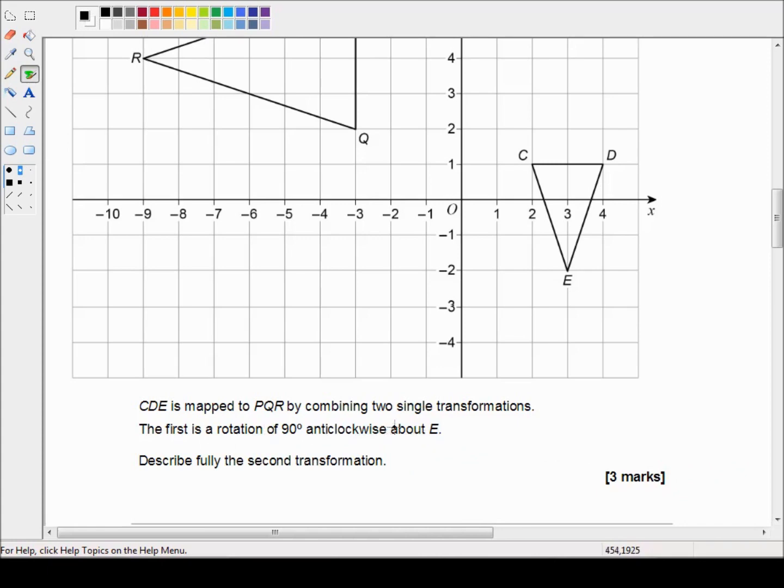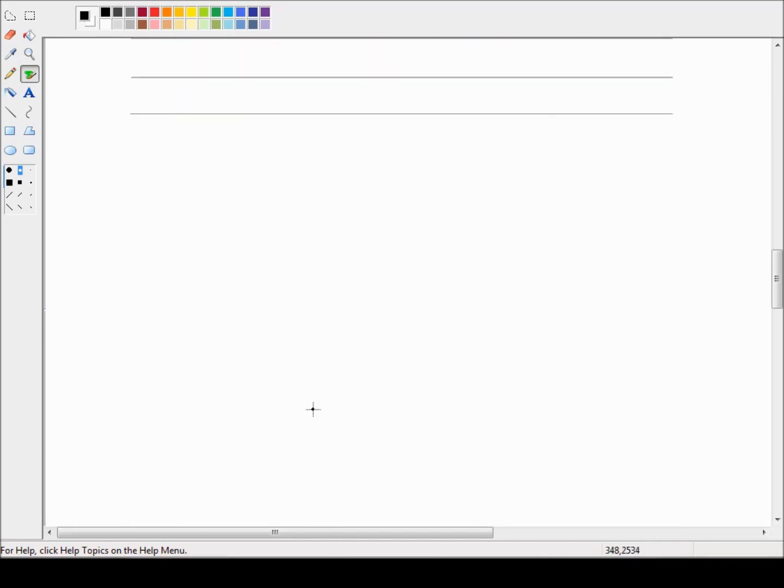Let's figure out what a rotation of 90 degrees anticlockwise about E would be. Well, a clock starts at 12, and then it goes 1, 2, 3, and so on round this way. So this is clockwise. So anti-clockwise would be this direction.